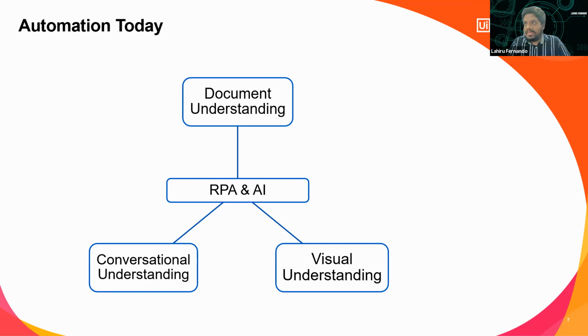And today, if you take RPA, there are three major components. As you see on the screen, one is document understanding, another is conversational understanding, and visual understanding. Everything that you do on RPA somehow goes into one of these boxes or a couple of these boxes. If you talk about visual understanding, it's just simple UI automation.